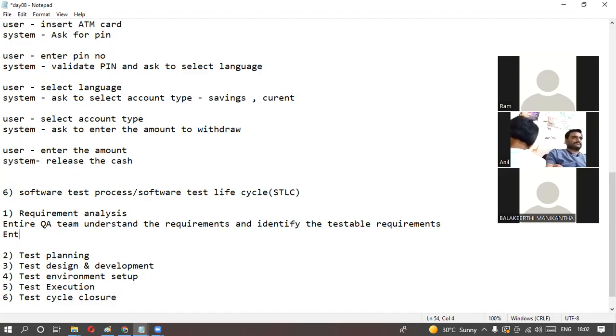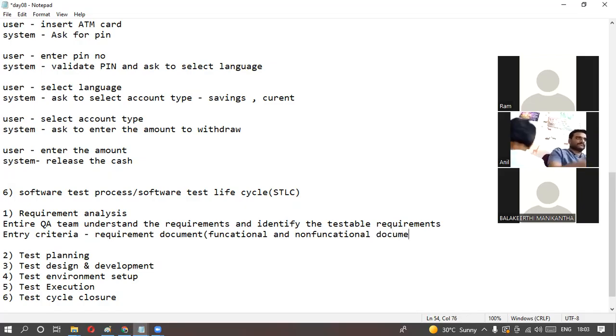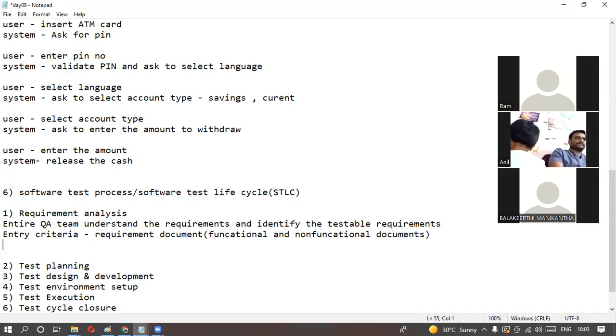That we call the entry criteria. The entry criteria for this is the requirement document, which is nothing but the functional and non-functional document. Okay, that is the entry criteria.